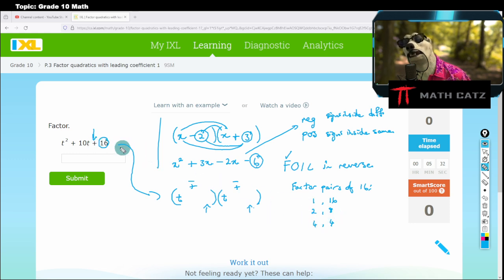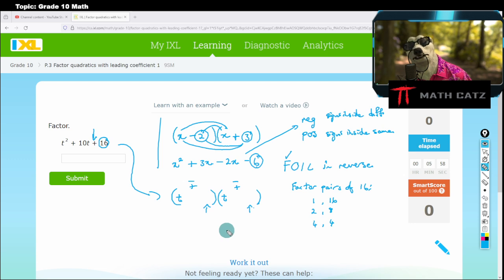The plus tells me that the signs have to be the same in the brackets, because when I multiply these together, that's the only way I can get the plus that I need. And I'm simply basing that on reverse engineering my experience of foiling. So it's very important, I'll say again, that you are rock solid on simplifying and foiling these out before trying to reverse engineer it.